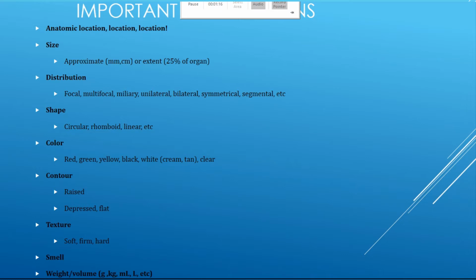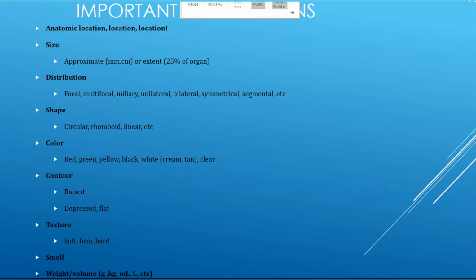Some of the concepts that we're going to go over in the subsequent PowerPoints are going to include things like anatomic location. I'm going to go into this in much more depth in subsequent presentations, but this is basically where is the lesion, and not just that, as specific as possible.